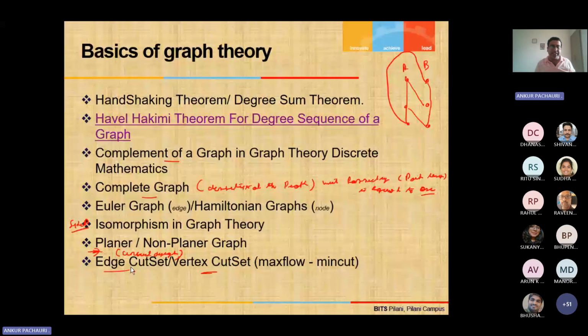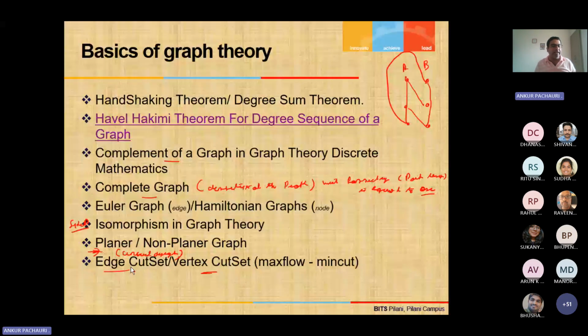Same is the case with vertex cut set. Vertex cut set means if we remove those vertices along with the edges, then automatically the edges associated with those vertices will also be removed. If by removing certain vertices and their corresponding edges the graph becomes disconnected, that set of vertices will be called a vertex cut.